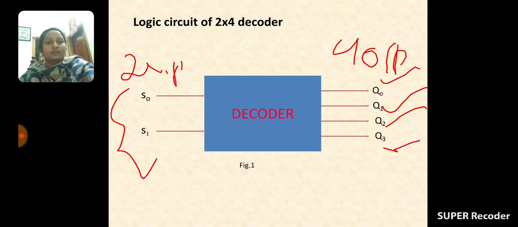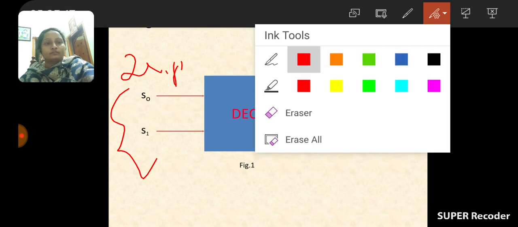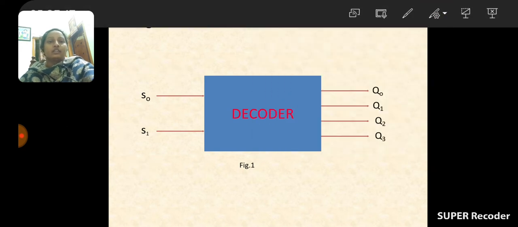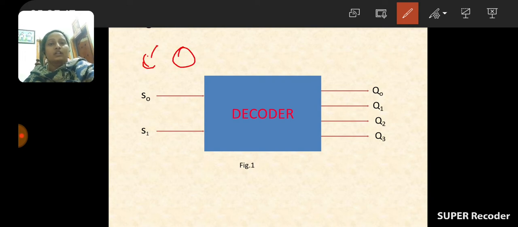Okay, and see, the data on these 2 input lines must be transferred to a single output line at the same time. For example, if S1 S0 is equal to 0 and 0, the data must be transferred to which line?